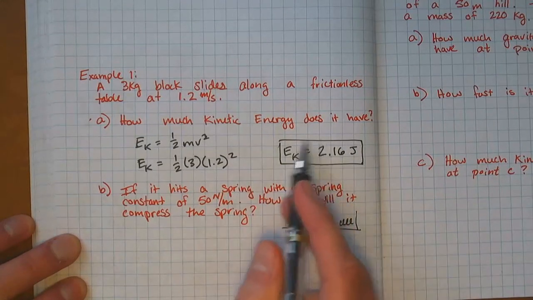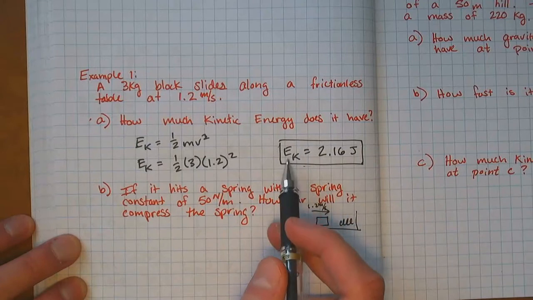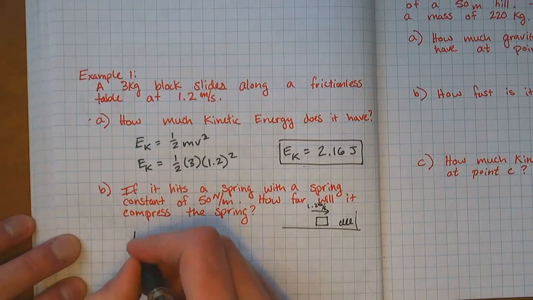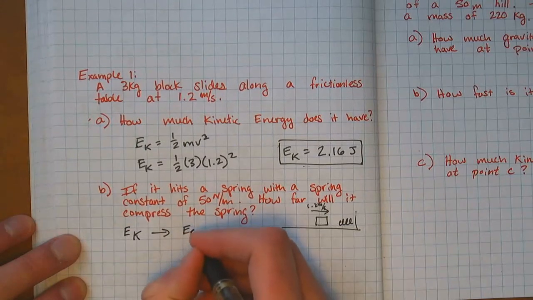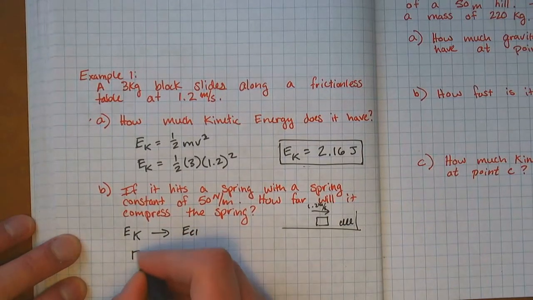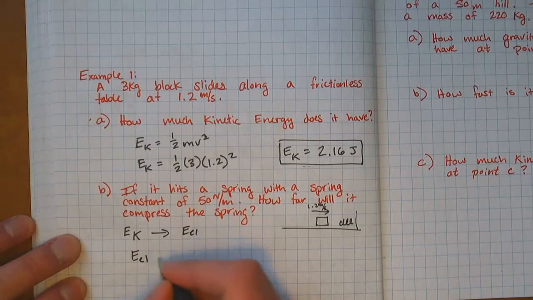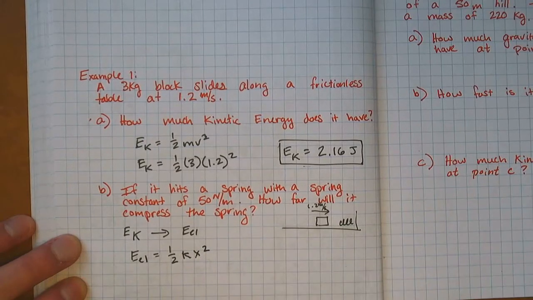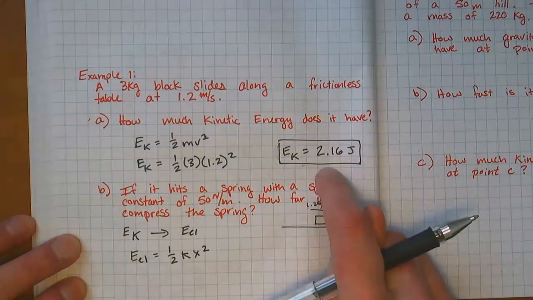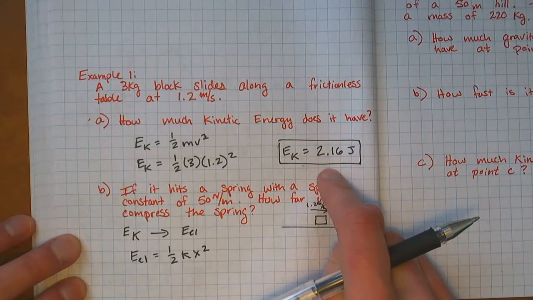Well, what's going to happen is basically we have this much kinetic energy. That kinetic energy is going to be transferred into elastic energy. So our elastic energy is equal to 1/2 kx squared. We know that we have 2.16 joules of kinetic energy.